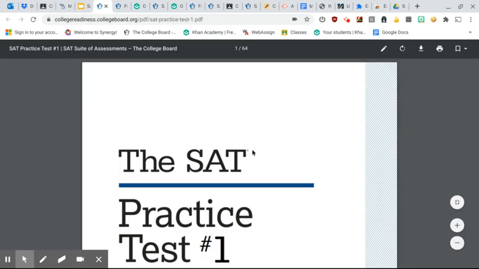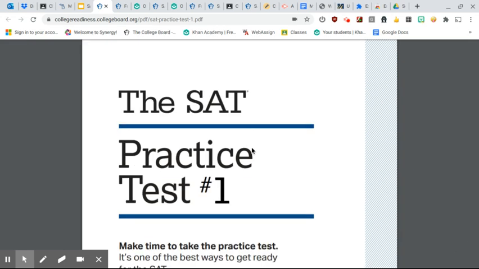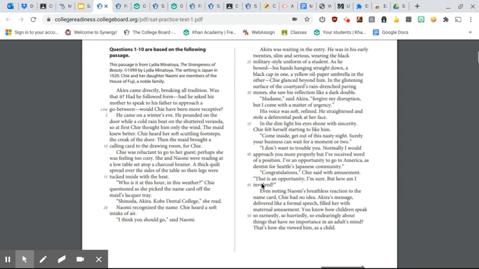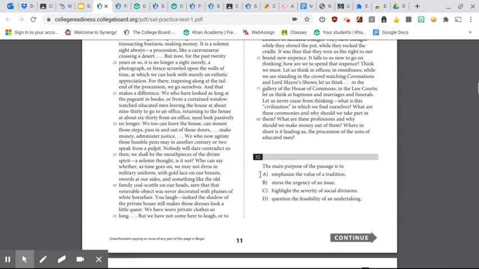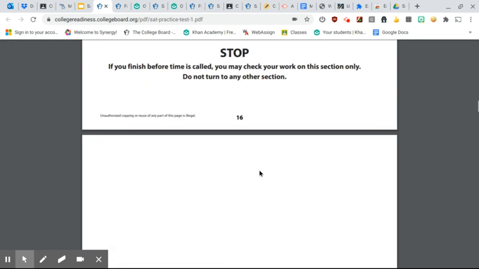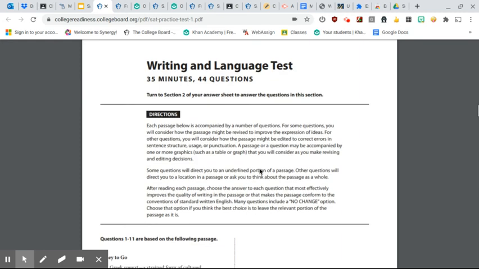I know many of you have already seen what the test is going to look like. In this practice test, you will go through the reading test, and you will go through the writing test as well. I believe it is the writing and language test.